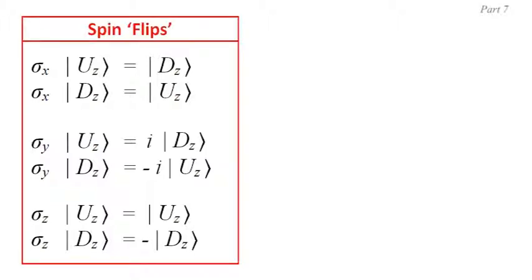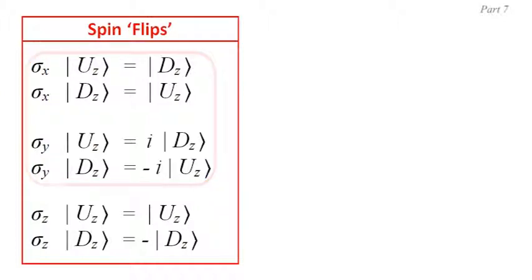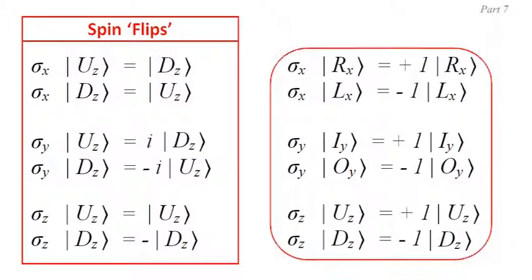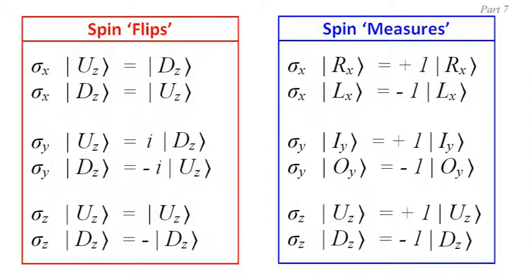I'll put a box around these with a heading about flipping, the word that applies at least to the top 4 equations. That heading, however, does not apply to these equations, which relate to a particular sigma matrix being applied to a state in that direction, so that each of these 6 equations correspond to a measurement. I'll also put these in a box, but with a heading about measurement.